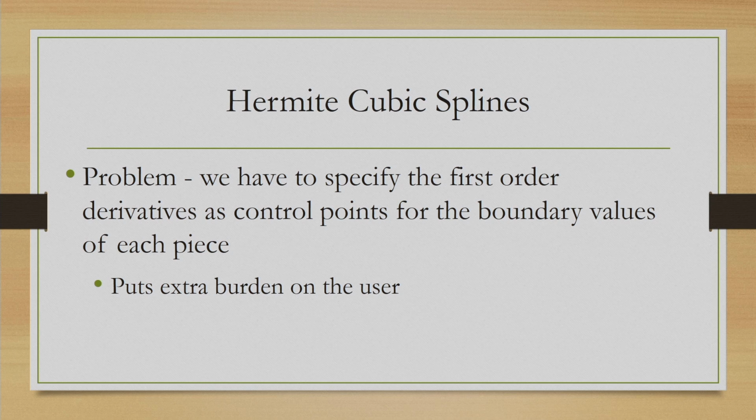Now, one problem here is that we have to specify the first order derivatives as control points at both the boundaries. Clearly, this puts an extra burden on the user. To avoid that, we have another spline curve, the cardinal cubic splines.